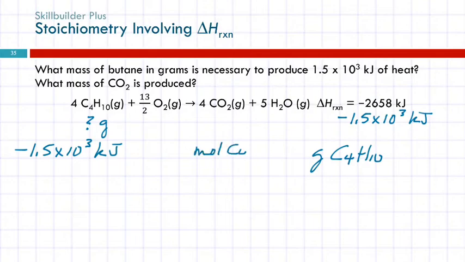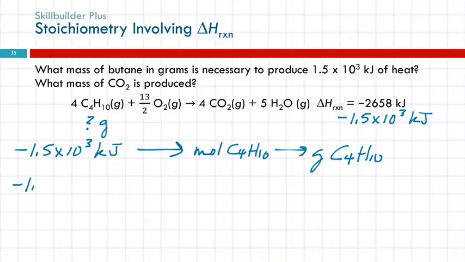So moles of C4H10. And this term, minus 2658 kilojoules, that is for 4 moles of butane. So I can go from kilojoules to moles of butane using that one. When we did mass-to-mass stoichiometry, you had 2 mole terms in the middle. With energy, there's only going to be the one. It's a little bit shorter.